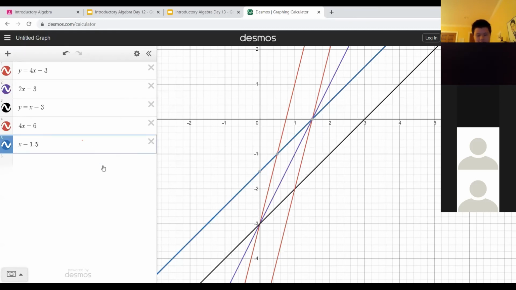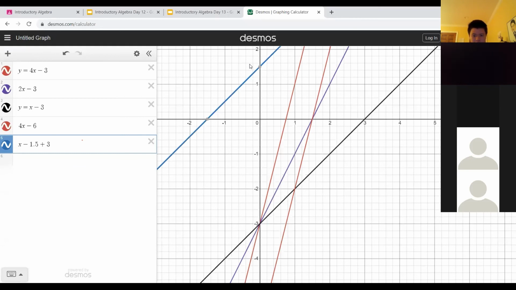And you can actually compress or expand a function while adding something to it. So like I can raise that by 3 while it's squished. Okay, so that's it for transformations.